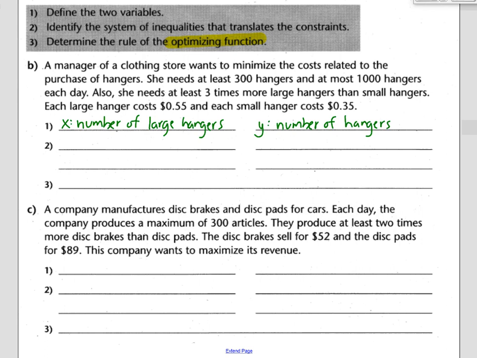Then you have to find the system of inequality. So remember, because we're talking about number of hangers, x has to be greater or equal to 0, and also y has to be greater or equal to 0.